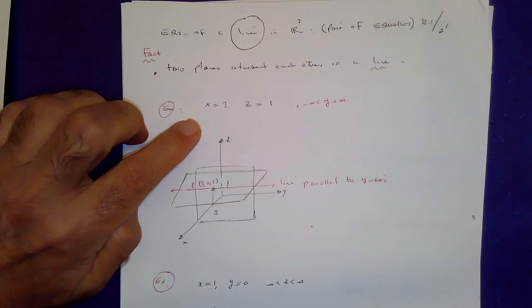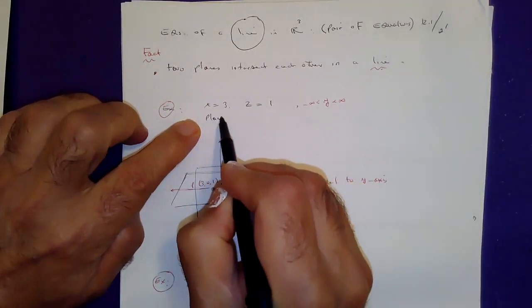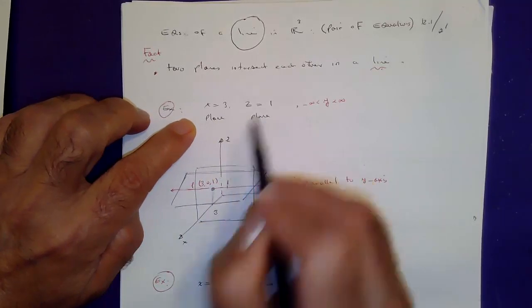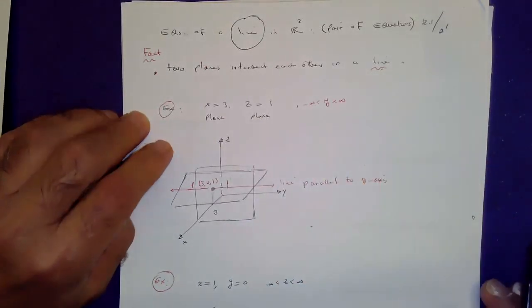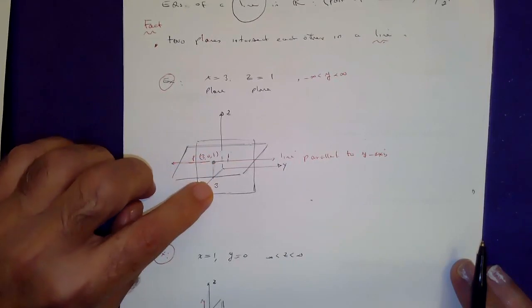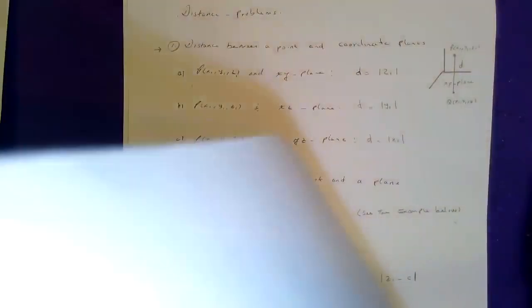Excuse me. So the question is, each of these guys is a plane. So remember, when x or y or z is constant, these are planes. Planes are also known as flat surfaces. So if you intersect 2 planes, the result is a line. It is just like, you take 2 planes like so.